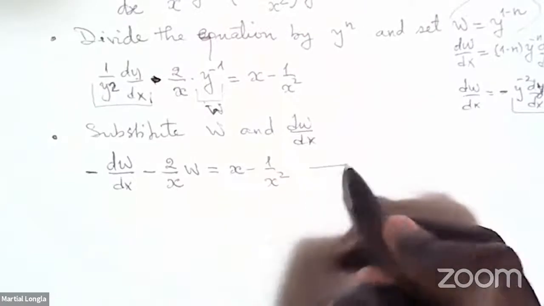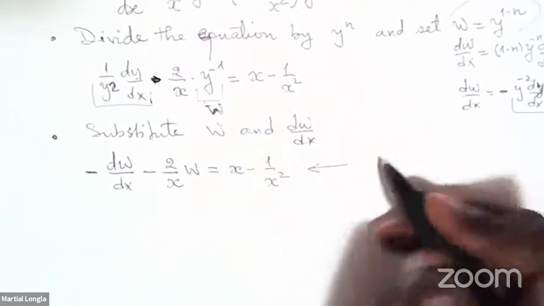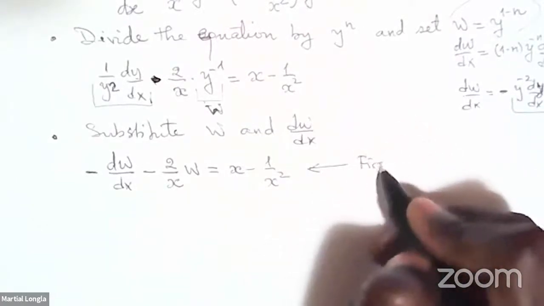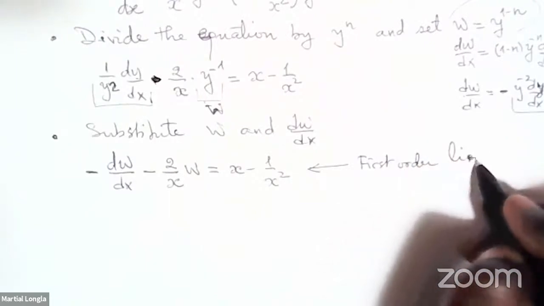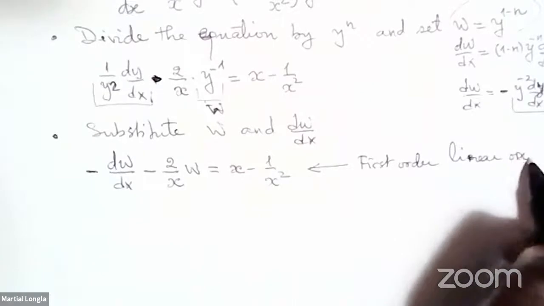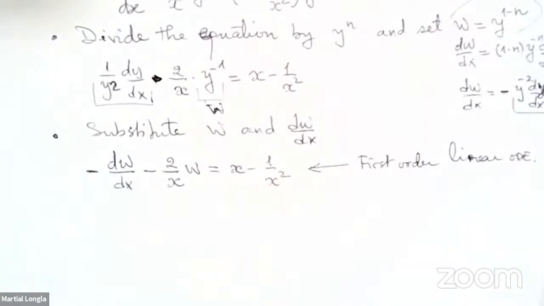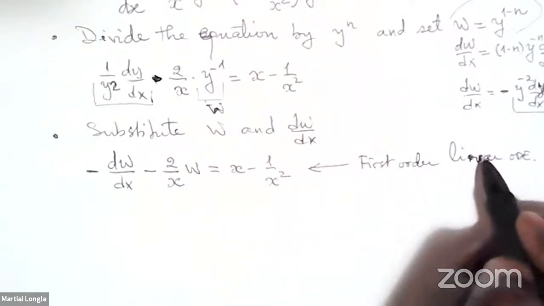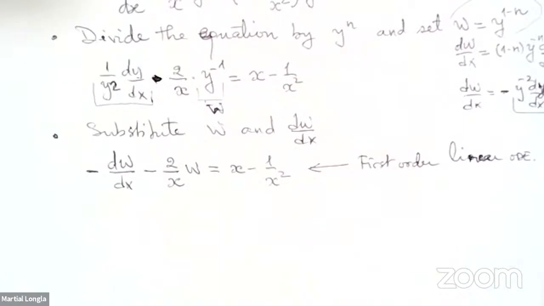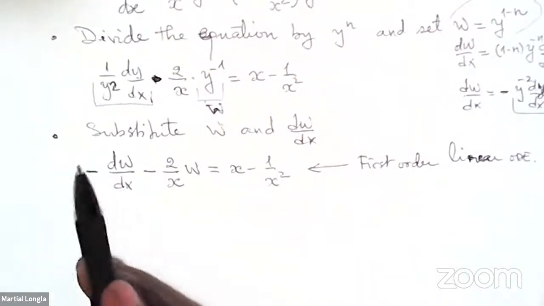Anytime you do the substitution, what you are going to obtain is a first order linear ODE. That's it. So you solve this using what we do for first order linear ODEs. You can assume this is a second example of a linear ODE that you're solving from here on.